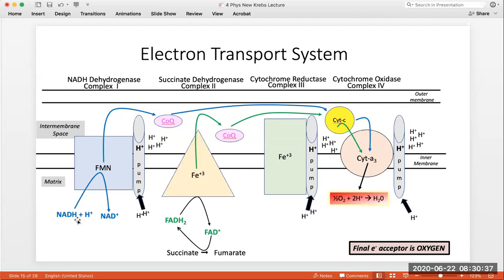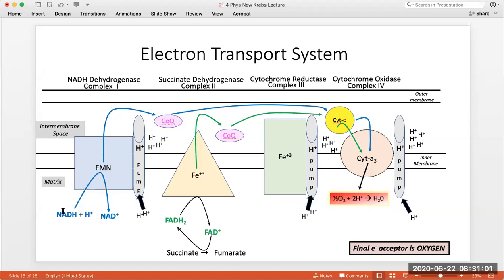Now, it doesn't matter where NADH plus H plus comes from. It doesn't matter if it's coming from the reactions of Krebs cycle, which are happening here, or from the NADH plus H plus that is produced during the intermediate step, or the NADH plus H plus that was produced by glycolysis.